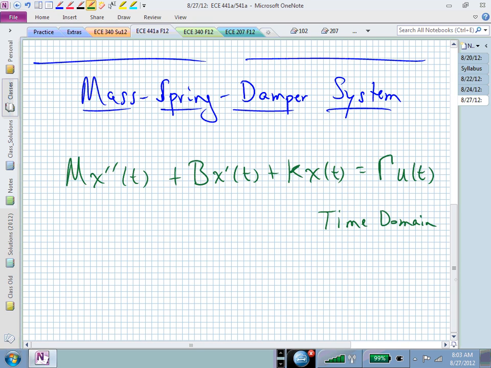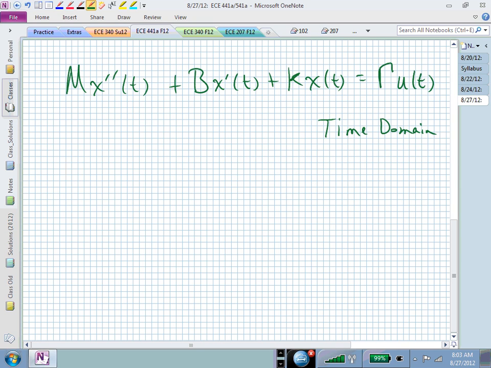What we want to do first is find the transfer function of this based on this differential equation, and the way to do that is to take it immediately into the frequency domain from the time domain. And since we are interested in input-output behavior, we're not going to worry about the initial conditions when we do this Laplace transform.